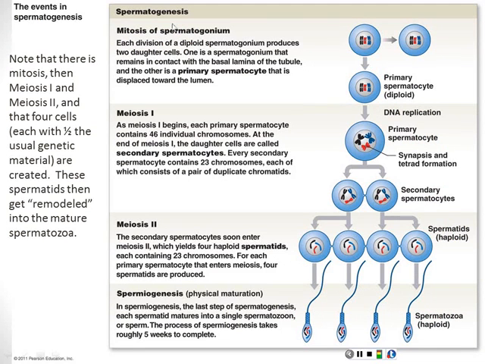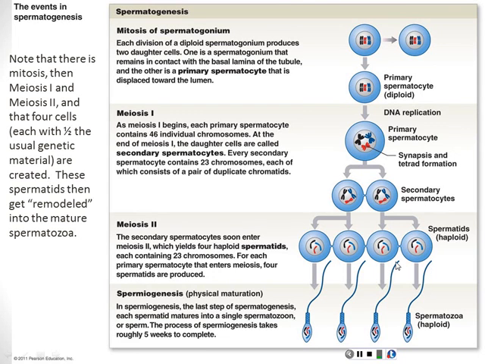So the process of creating sperm is called spermatogenesis, and it takes place in the seminiferous tubules. Here again, I'm not interested in you knowing all of the stuff on this picture. It's too detailed. So know that spermatogenesis creates sperm. That's the process. It occurs in the seminiferous tubules, and it involves meiosis, which results in haploid cells.